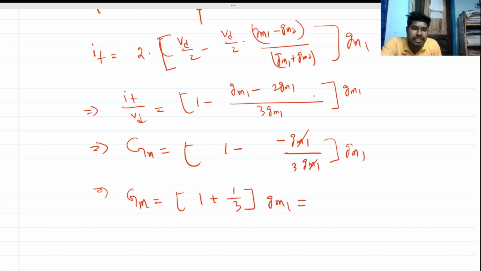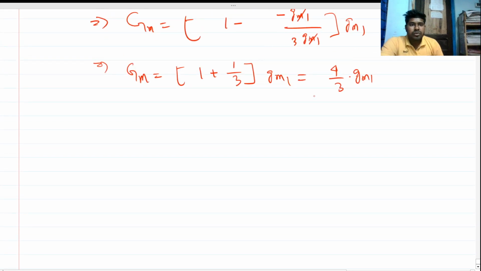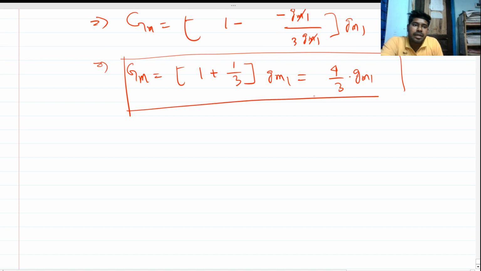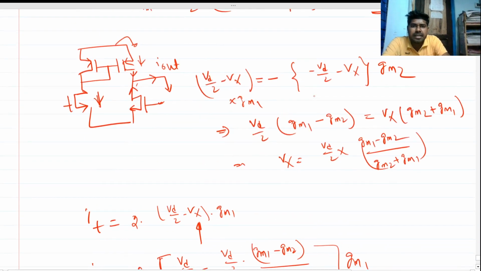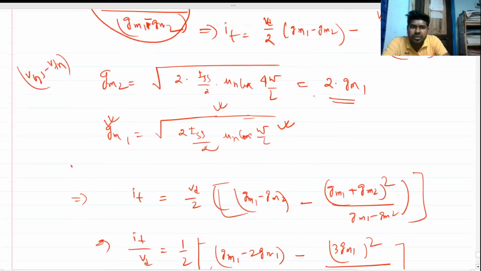We are getting 4 by 3 into Gm. Previously I think I made some mistake. So this will be the answer. This is our overall Gm, and this is a very interesting circuit. Please forget this previous analysis. Maybe I did something wrong during this video, and it can happen.